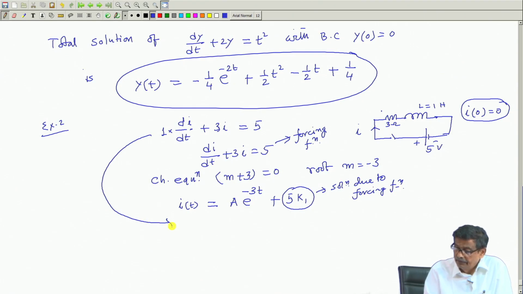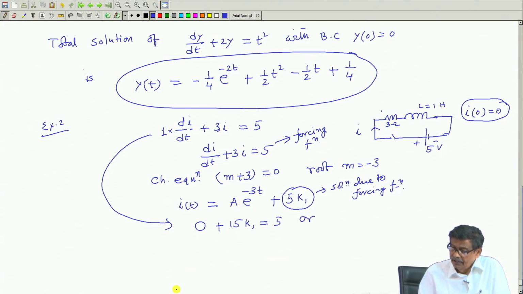So, I will first find this k1 by putting 5 k1, which is constant, that will be 0 plus 15 k1 and that is equal to 5, and obviously, here no complications, it is an identity. So, k1 is equal to 1 by 3, 5 by 15, k1 is over.